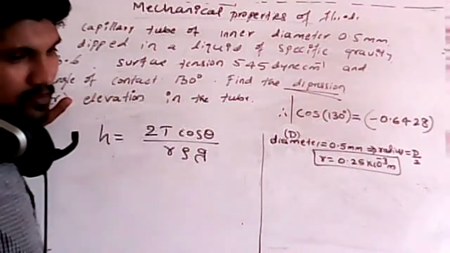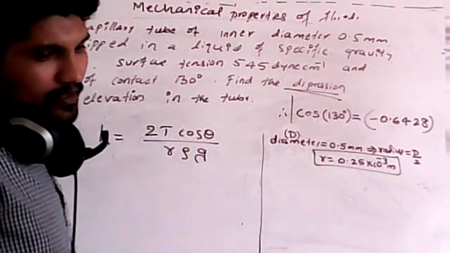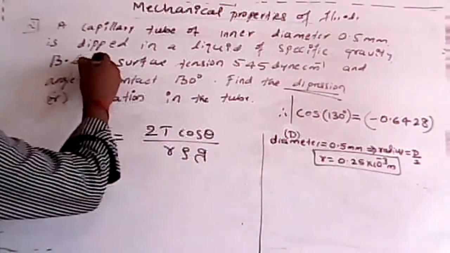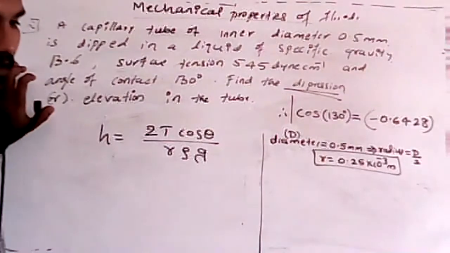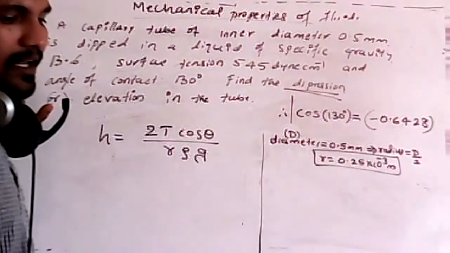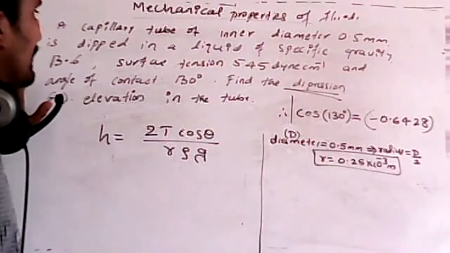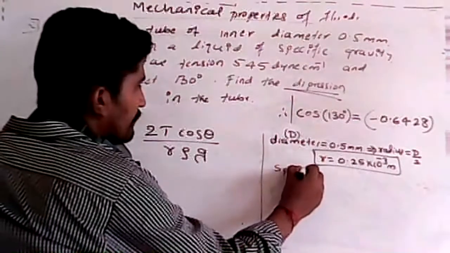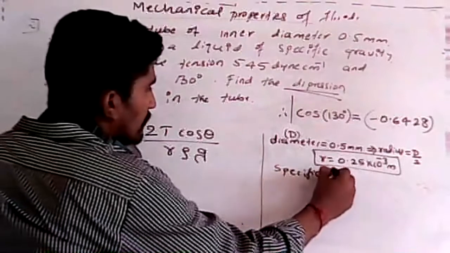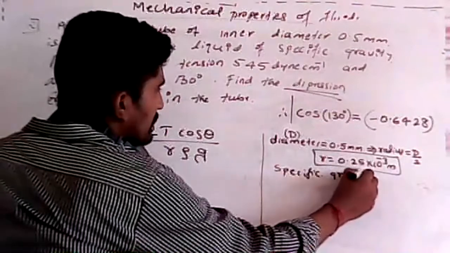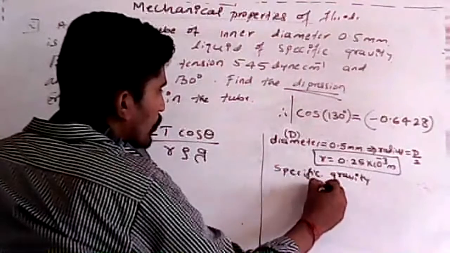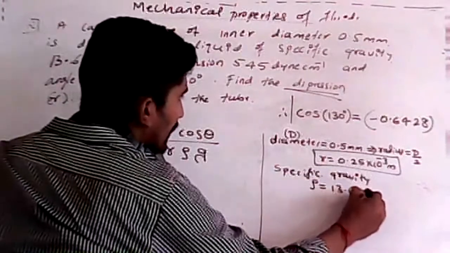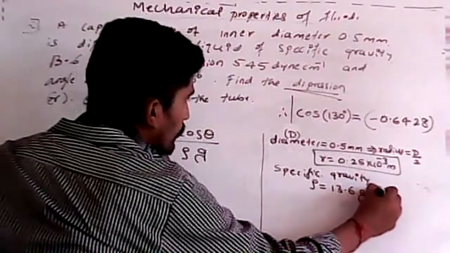See, specific gravity they have given. Specific gravity is given this much, and that is nothing but our density. Density is nothing but specific gravity. So rho is nothing but 13.6 gram per centimeter cube.